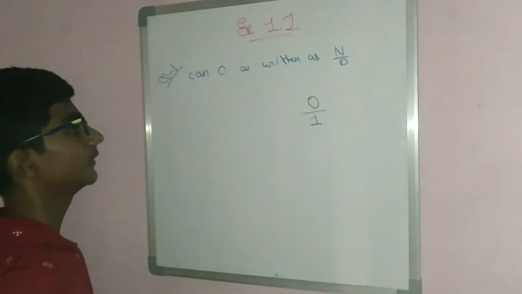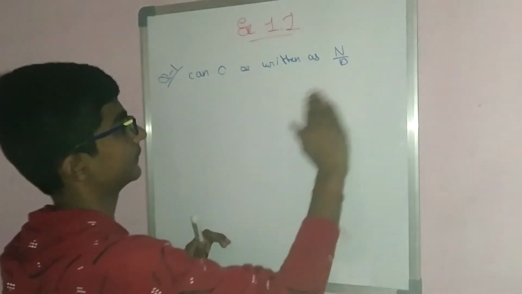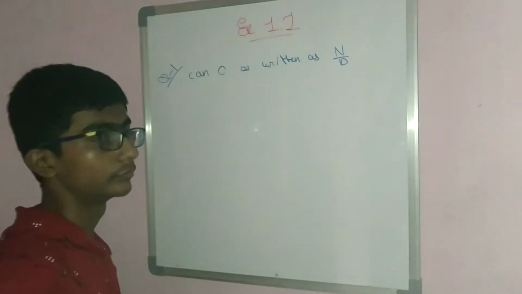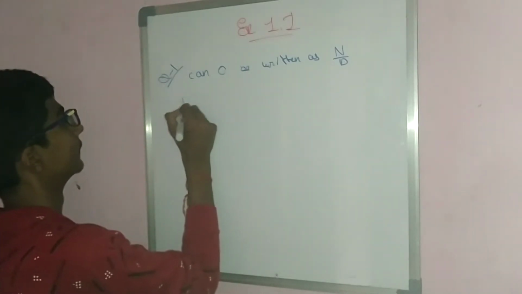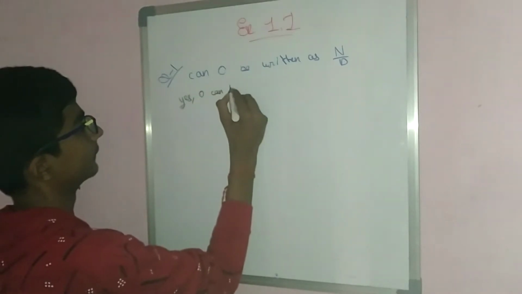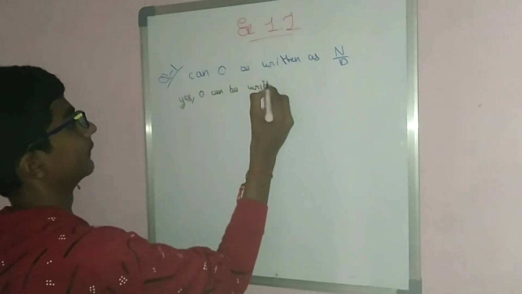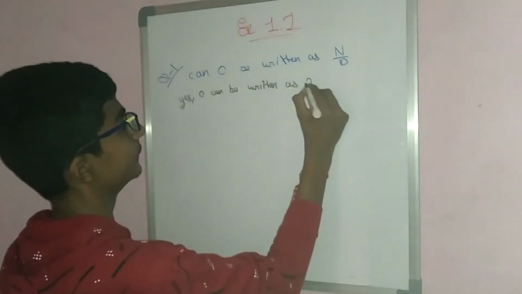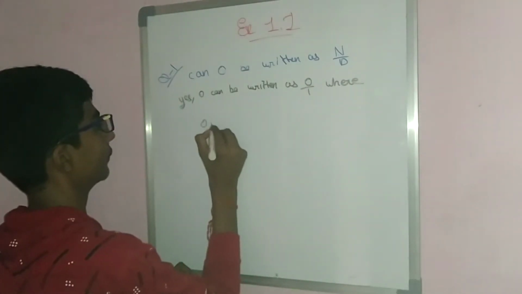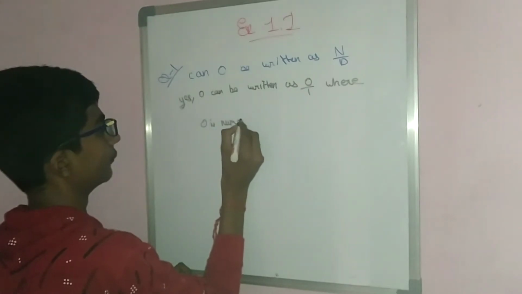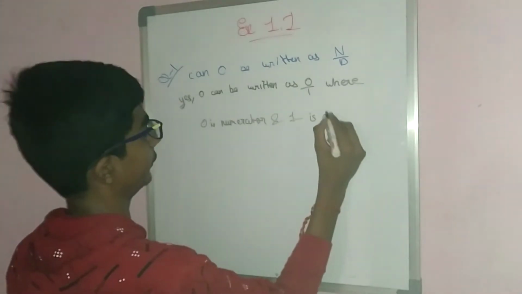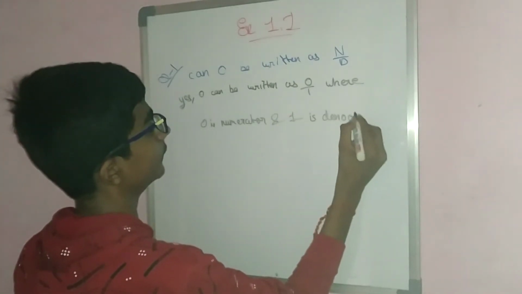So here we will write the statement. The answer is here, but we also have to form the statement to get our answer true. So the statement is, yes, 0 can be written as 0 upon 1, where 0 is numerator and 1 is denominator.